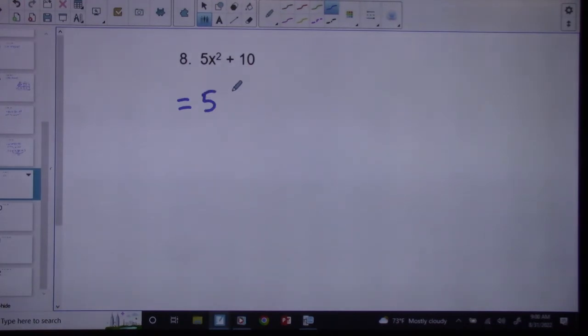So 5 times what equals 5x squared? x squared. And what times 5 equals 10? 2. If you had a difference of squares, you could factor this further, but we don't. So we really can't do anything further, so we're going to just leave it there. That's really all we have for that one.